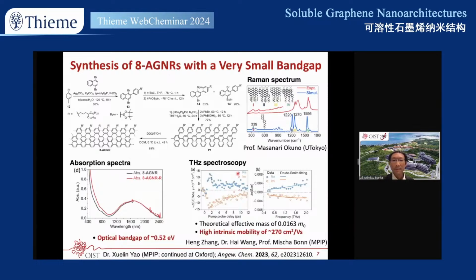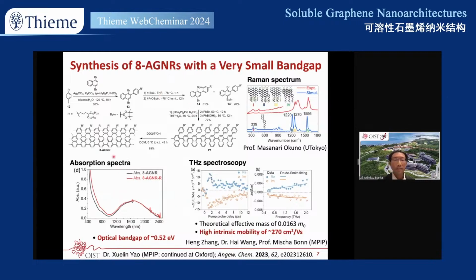I'd like to introduce one of the last works of Professor Klaus Müllen in the synthesis of graphene nanoribbons, by Dr. Xuelin Yao, who was a PhD student, became a postdoc at Oxford and is now a professor at Chongqing University.